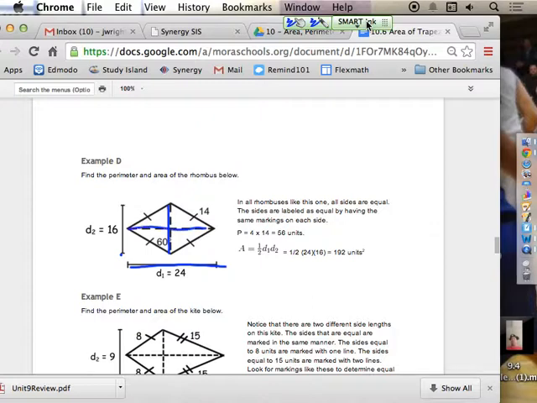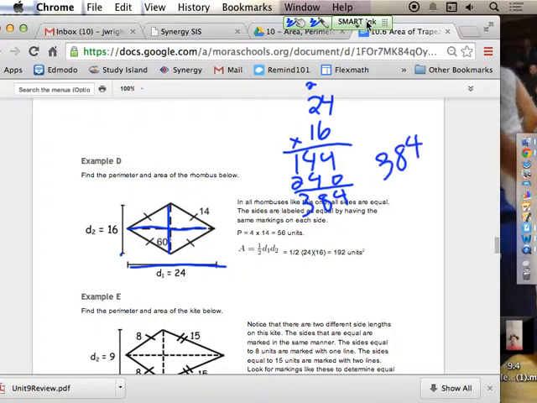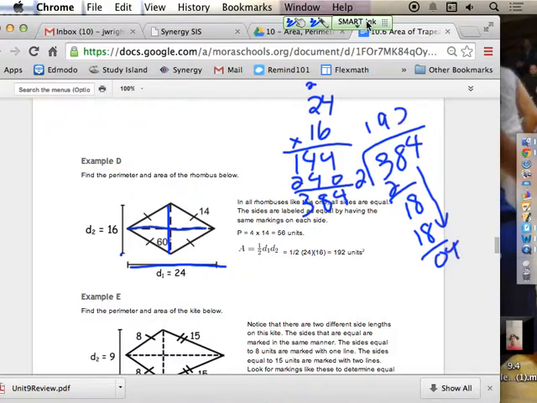Like I said before, if we take diagonal 1 times diagonal 2, so I take 24 times 16, that's 384. And now I have to divide it by 2. That's 192, just like they have, 192 units squared.